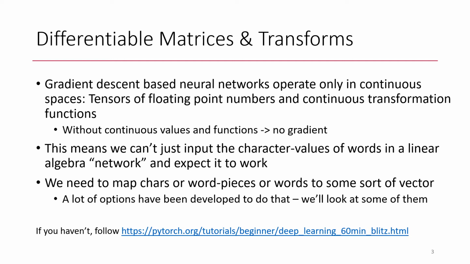And to do that, we have a lot of options, and we can't show every option today, but we'll look at a few, and you can go and look up some more.